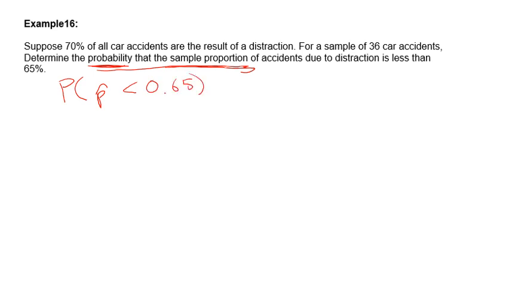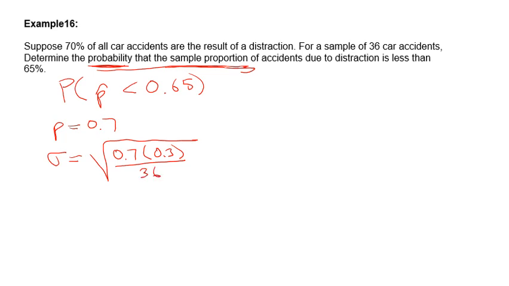Well, in order to get to the table, we need the mean, and the mean is the population proportion, which is 0.7. The standard deviation is the square root of p times 1 minus p divided by the sample size, which is 36. When you do your math, this comes out to be 0.0764.